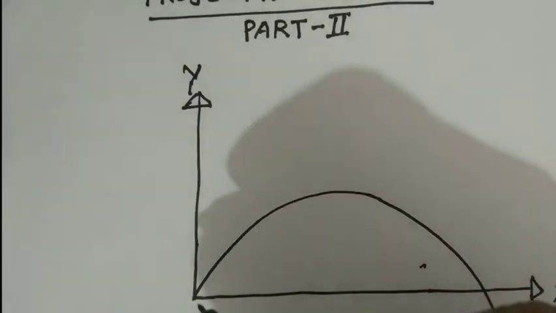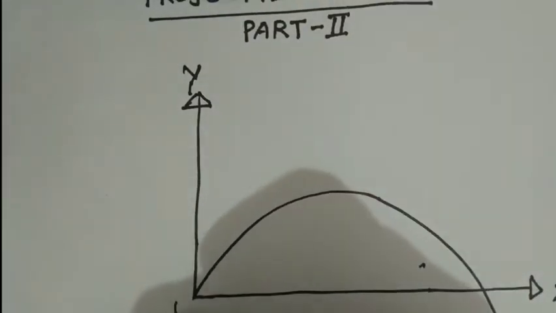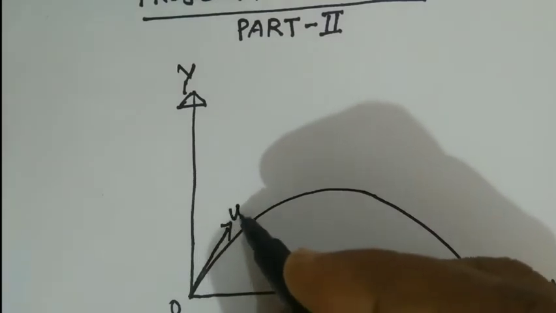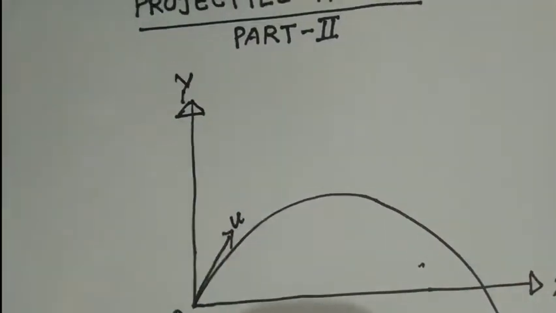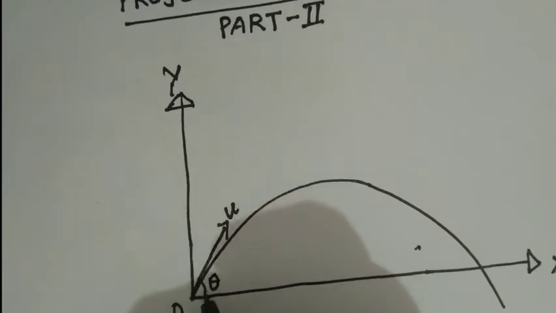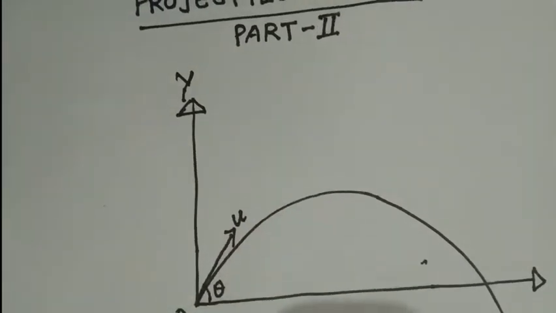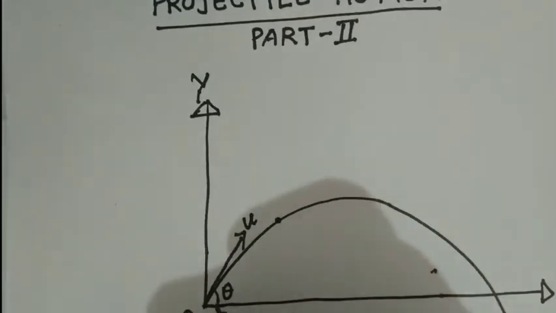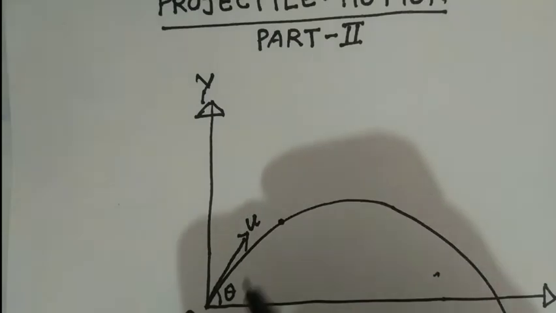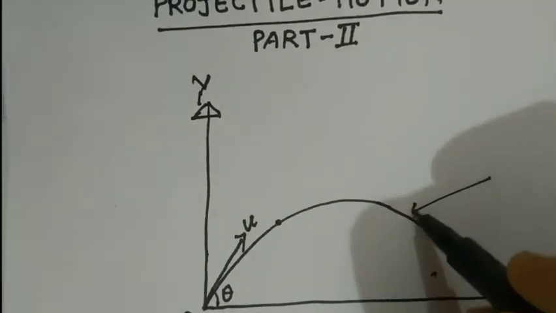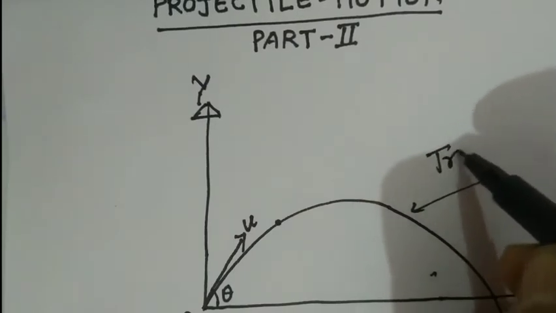So let us consider a particle which is projected with velocity u at an angle theta with the horizontal axis. It follows a path, and the path followed is known as the trajectory.